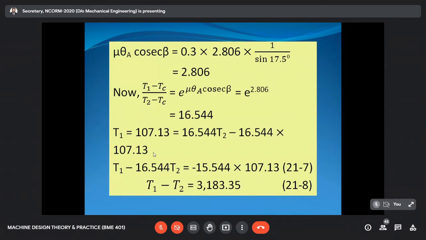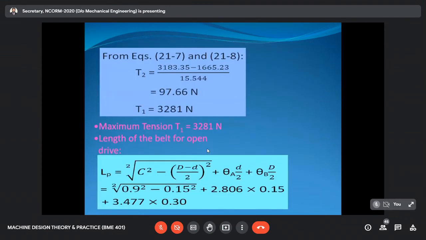So from these two equations you will be able to solve the T1 as well as the T2. You simply simplify it and put the values here. So you will be able to get the T1, T2 values. So there is the maximum tension T1.